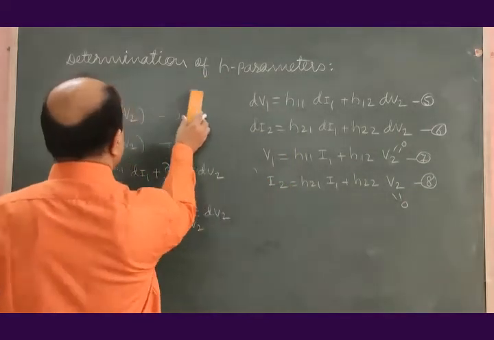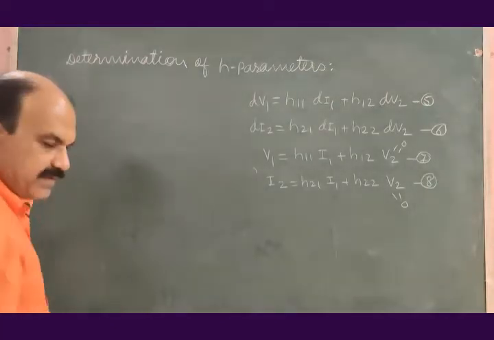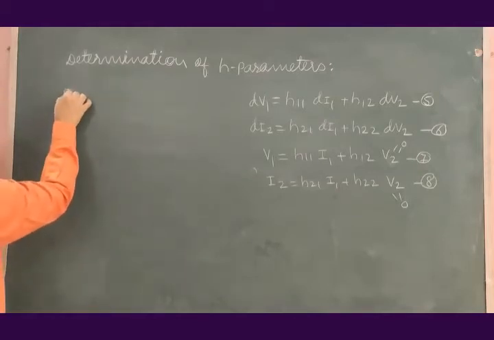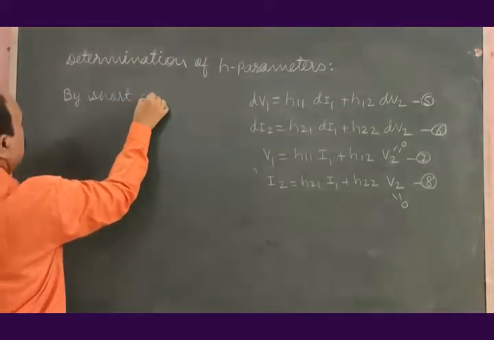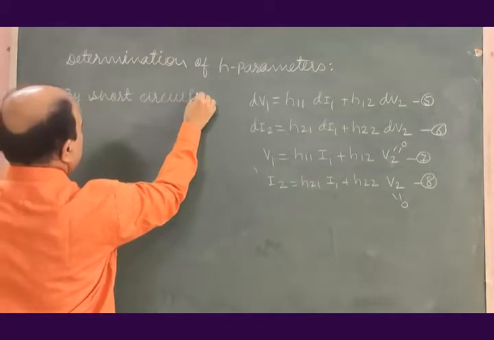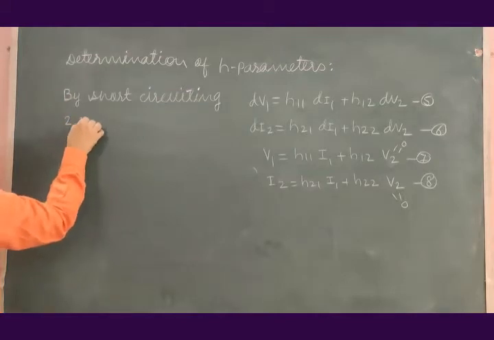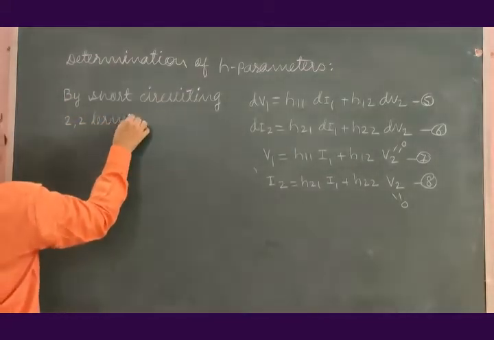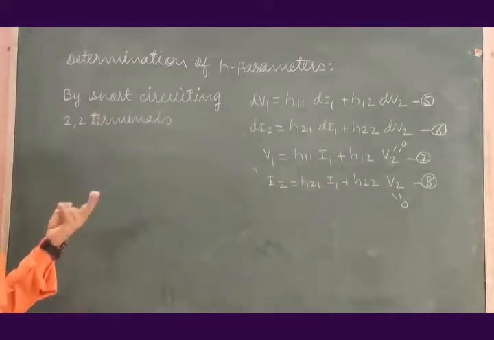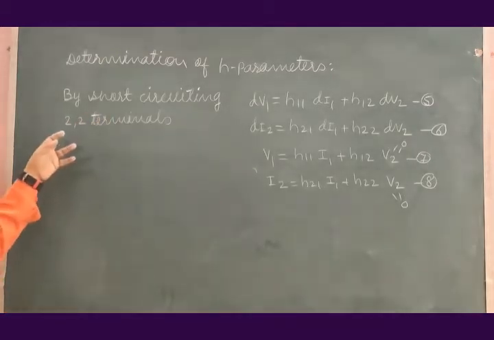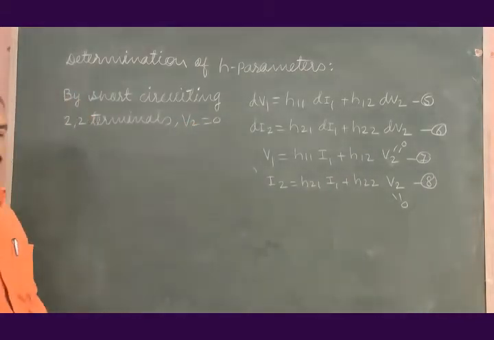So, let me write this reason here. By short circuiting two terminals, that is, by putting a short between terminals 2, we will get V2 equal to 0.